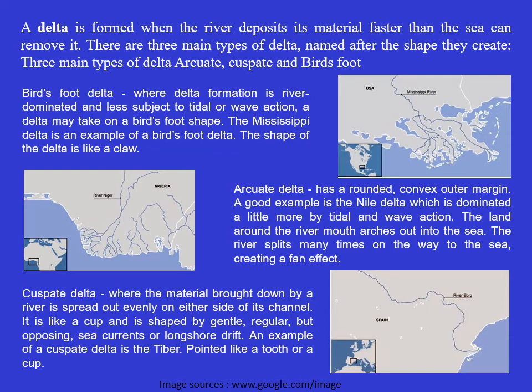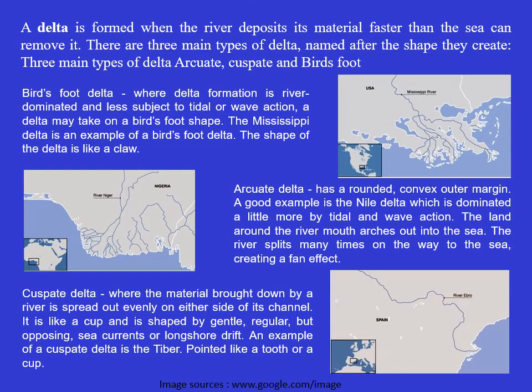The first one is the bird foot delta. Now when the river water is less dense compared to the ocean water, it makes a few confined channels for itself within the river water.